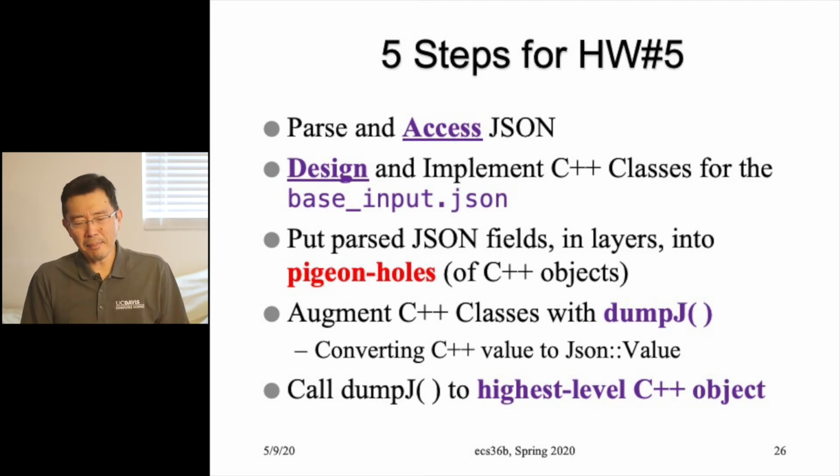If you know that, then I will look at your C++ design and see how you're going to do the pigeonholing. My guess is that there are 2 major challenges in this homework. Number 1 is step 3, as I mentioned, because step 3 really tests whether your understanding of the JSON is consistent with your design in step 2 about C++.